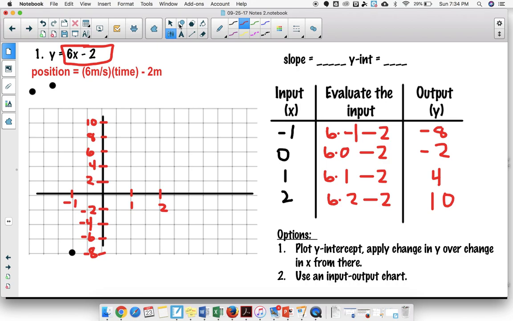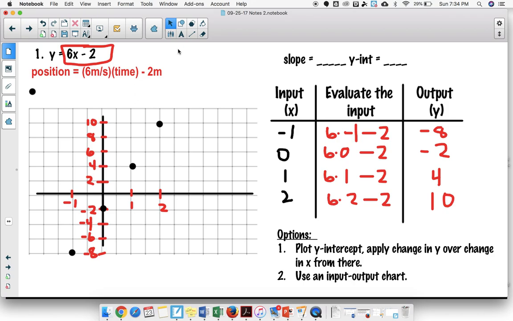The next one is at 0 as my input, -2 is the output. So that's going to be right here. Then the next one is 1, 4, which is right there. And the last one is 2, 10.